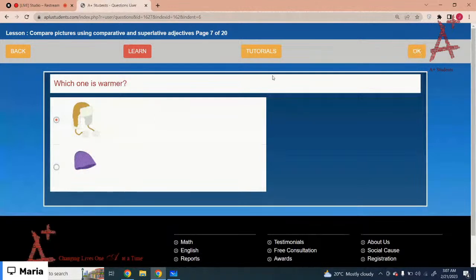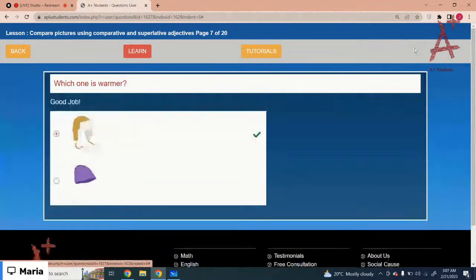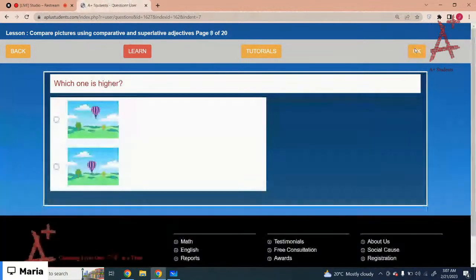The first one is warmer. Okay, which one is higher? Which balloon is higher? Yes, the first one is higher.